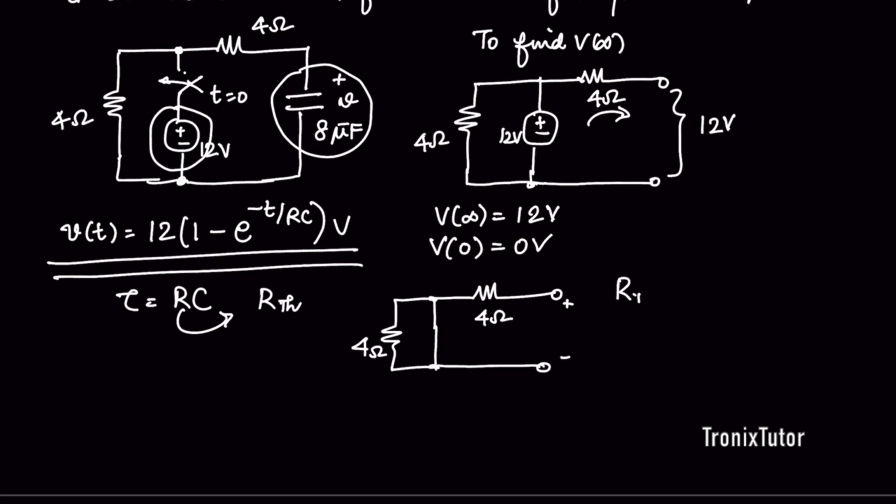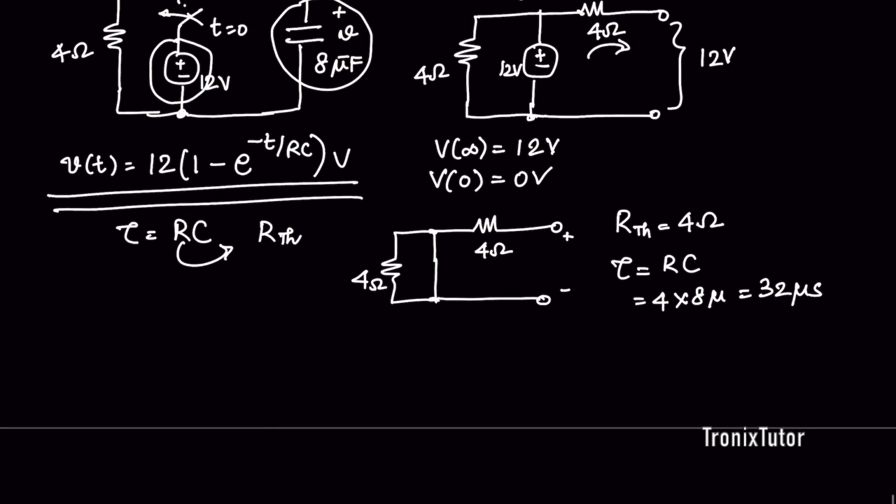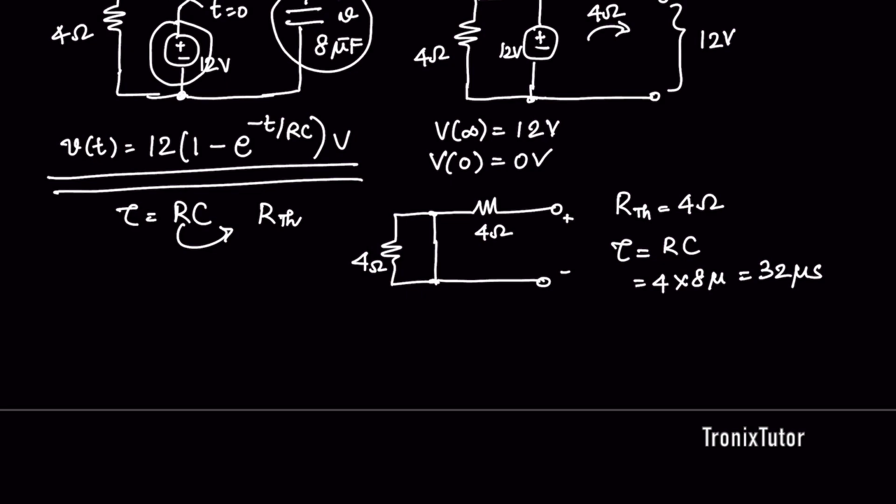So this gives my R Thevenin to be 4 ohms. And therefore my tau is given by RC, which is 4 into 8 micro, which is 32 microseconds. And therefore I have my voltage as a function of time given by 12 into 1 minus e to the power minus t by 32 microseconds.